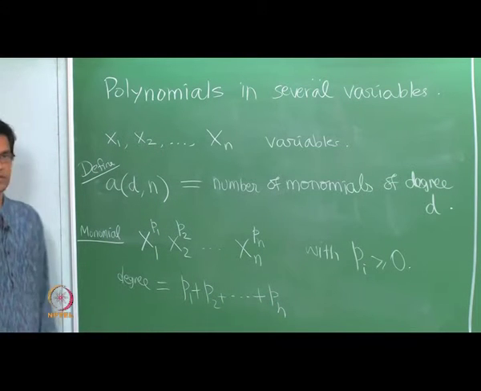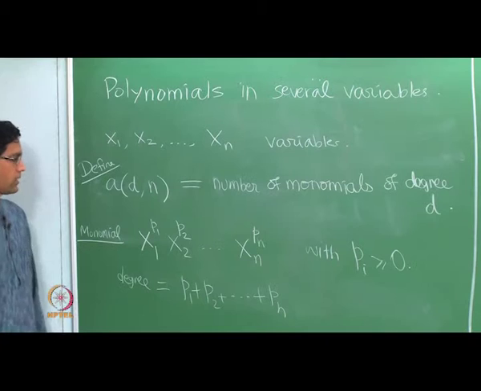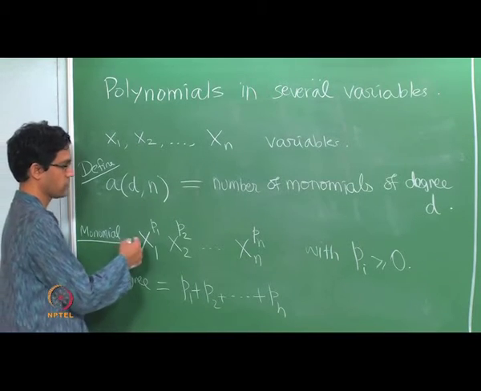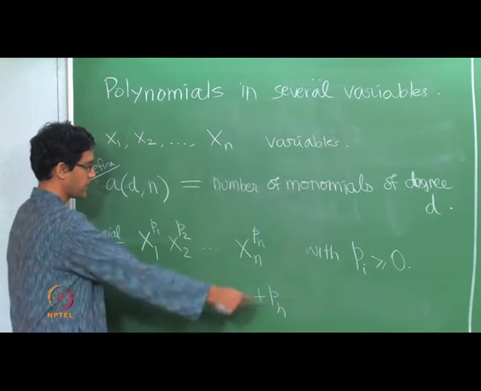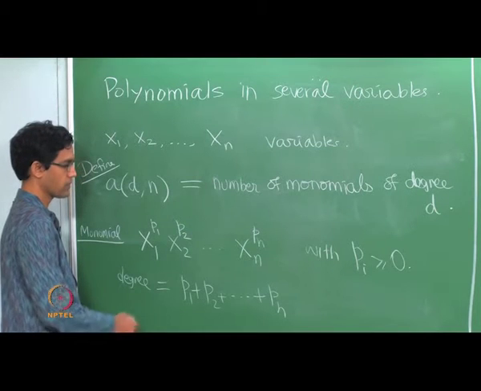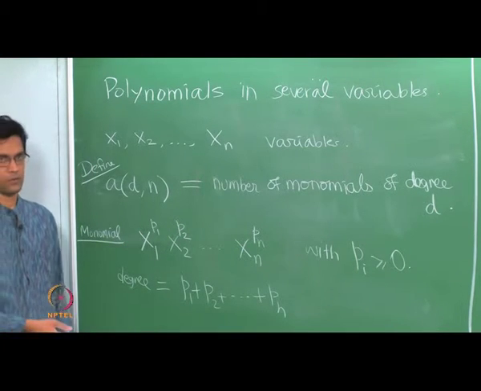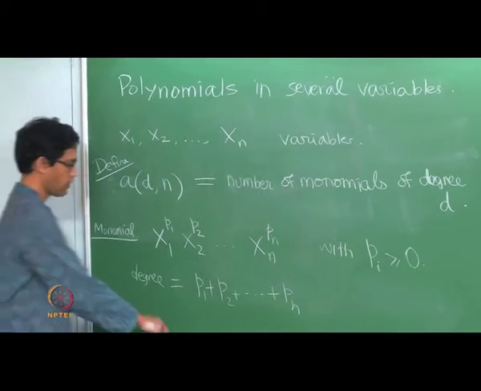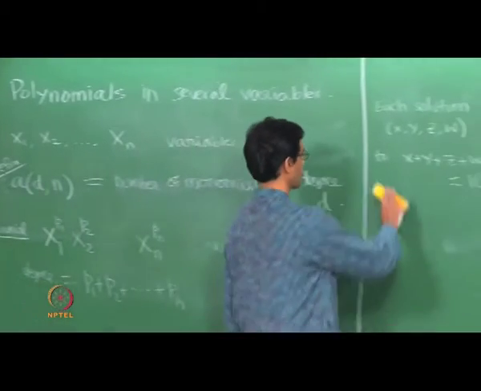So, the problem that we looked at earlier of trying to count the number of monomials of degree d translates into the following: find the number of solutions to the equation p1 plus p2 plus p3 till pn equals d, where all the pi's have to be non-negative integers. Observe that is exactly the problem that we talked about, that is the general problem 2.